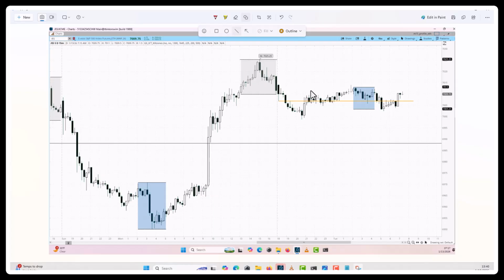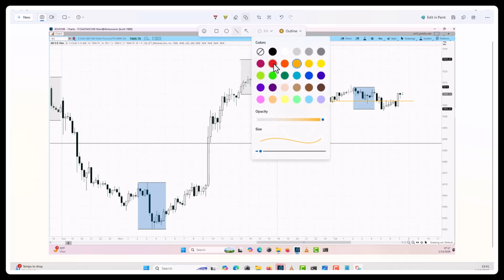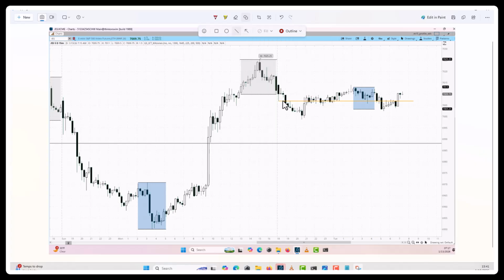And we have an incentive right here, which is a failure gap. So this level is going to be 1, 2, 3, at least 4 right there.